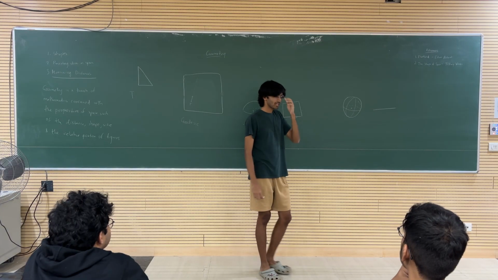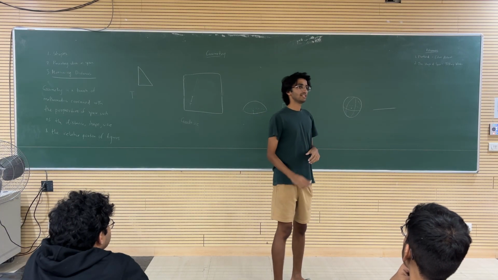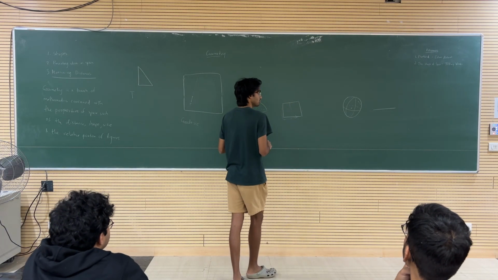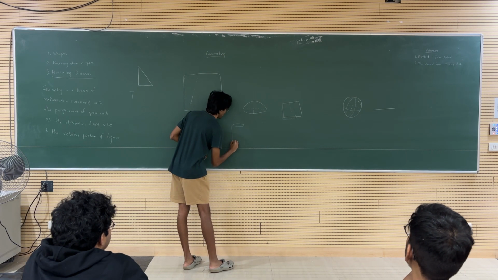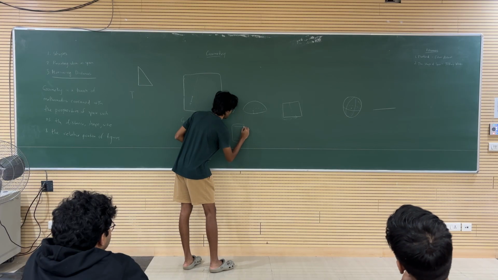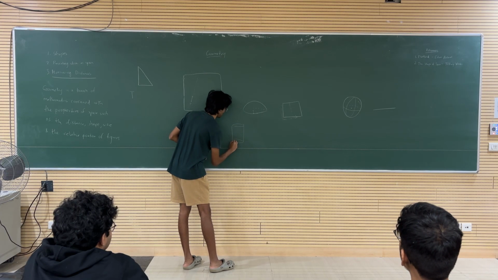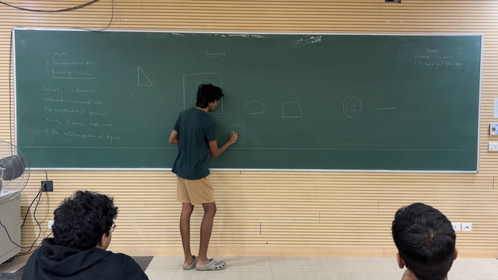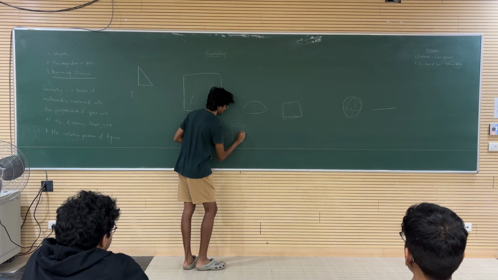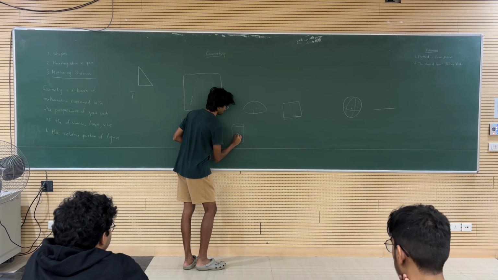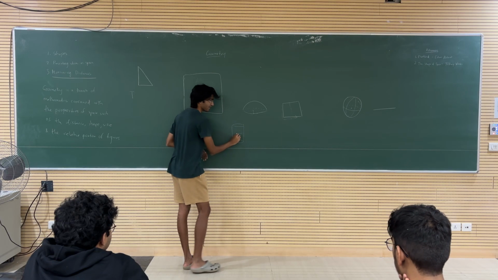It could even look like a cylinder, because she could have traveled in this way, and ended back where she started.